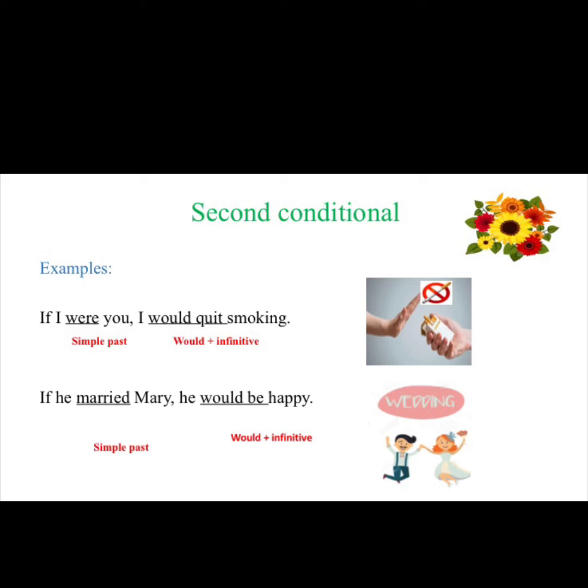Second example, if he married Mary, he would be happy. Again, simple past in the if clause, married in this case, and would plus infinitive in the main clause. The infinitive is be.